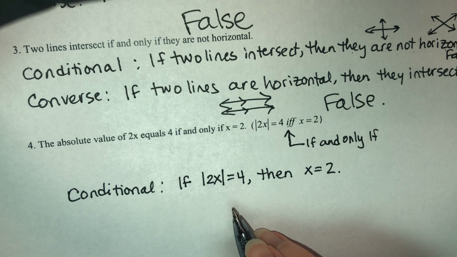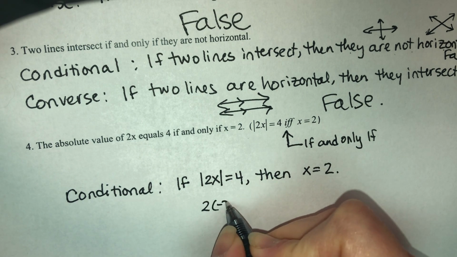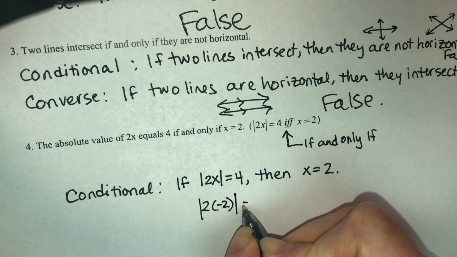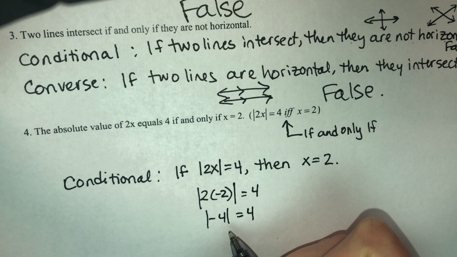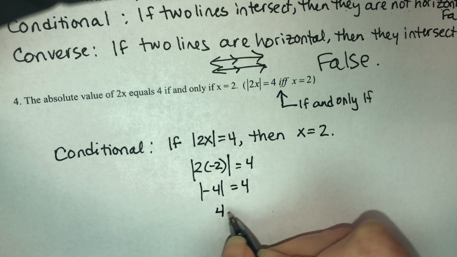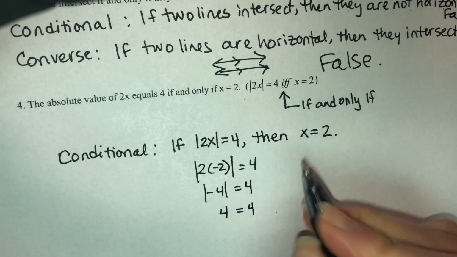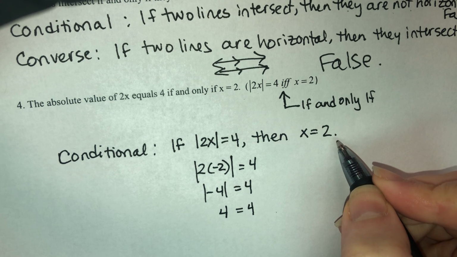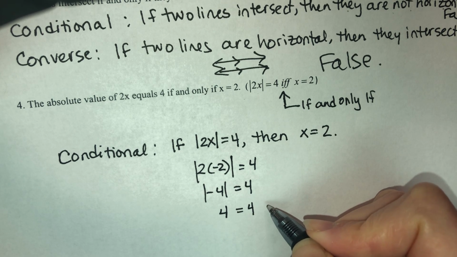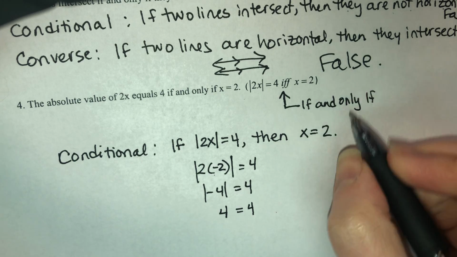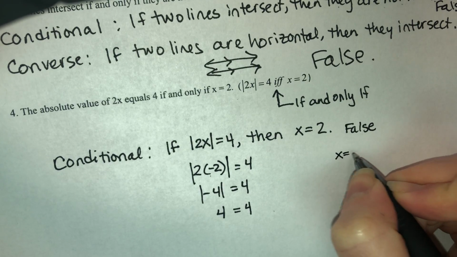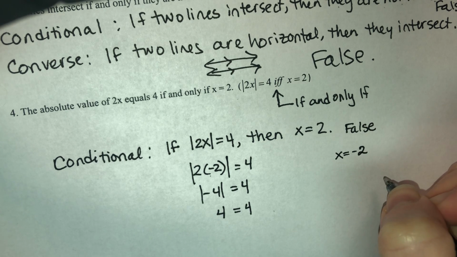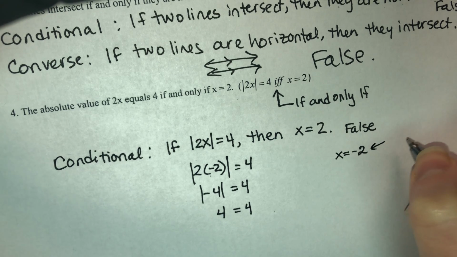What if x equaled negative 2? 2 times negative 2 is negative 4, and the absolute value of negative 4 is positive 4, so that would also be true. So x does not have to equal 2. x could also equal negative 2. So this is a false statement because I can come up with a counterexample where x equals negative 2.